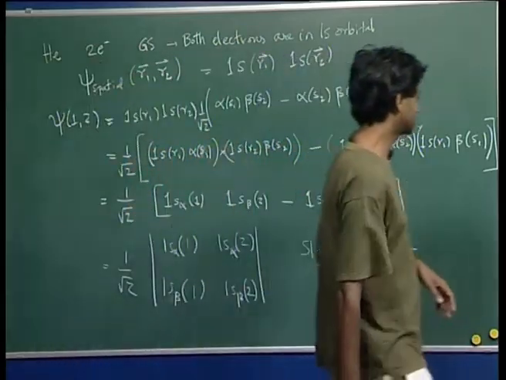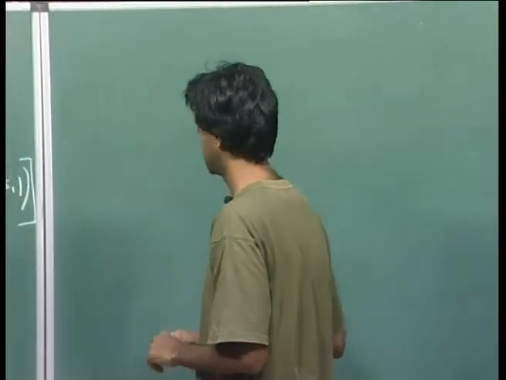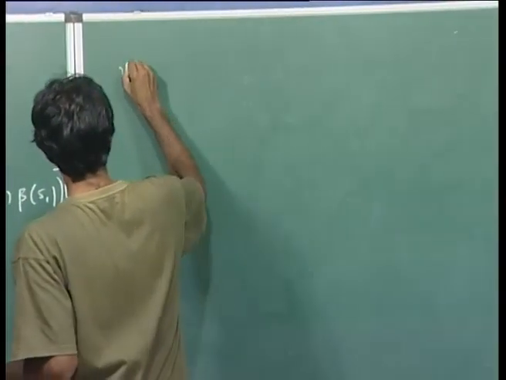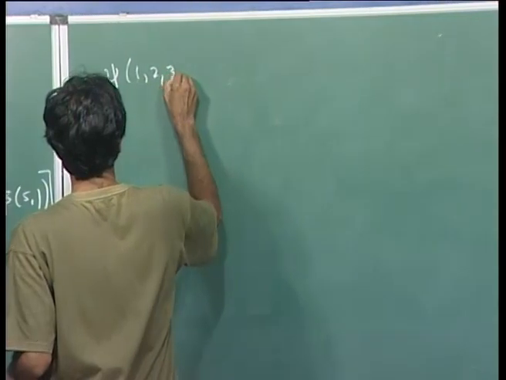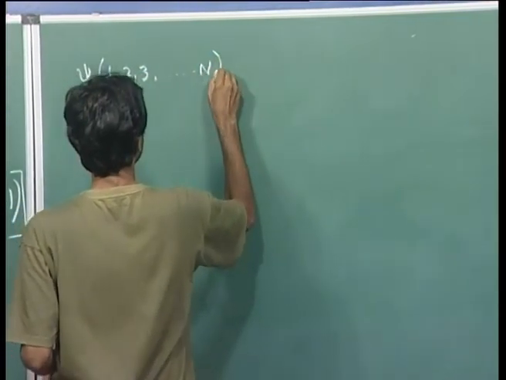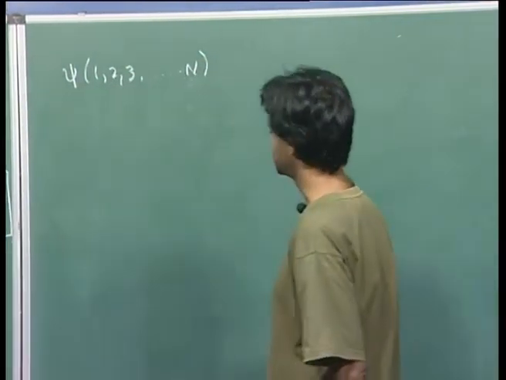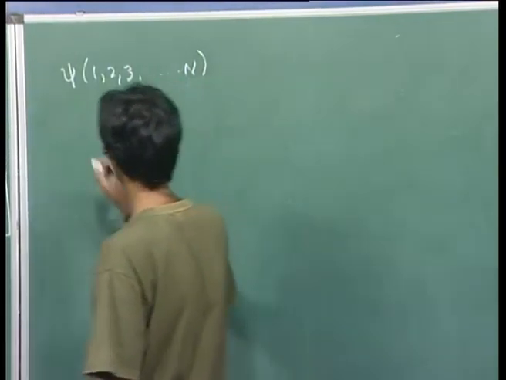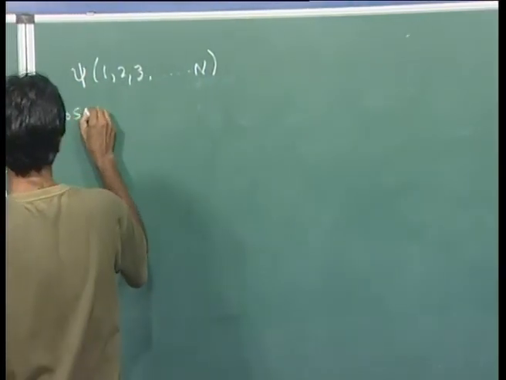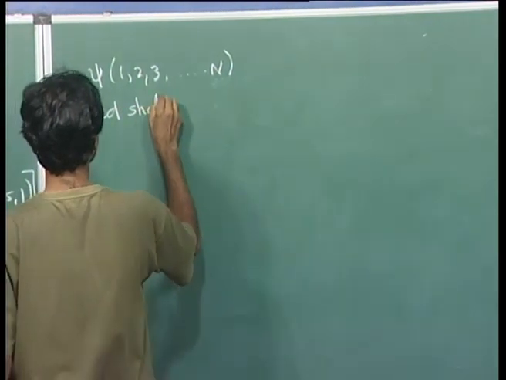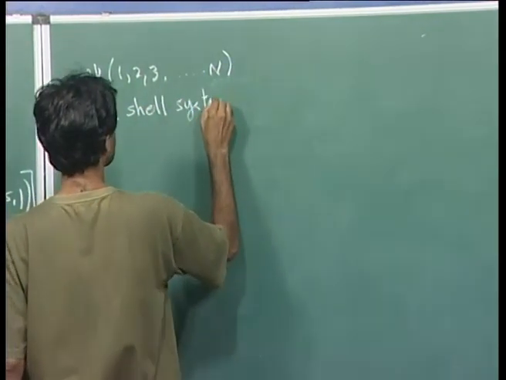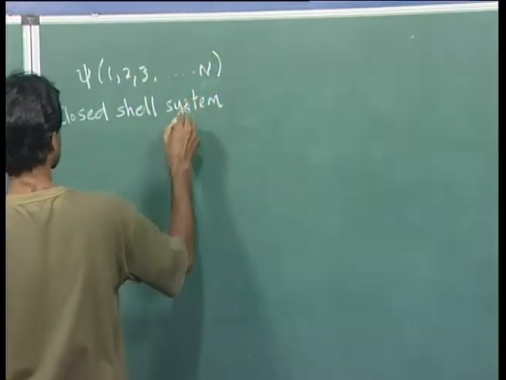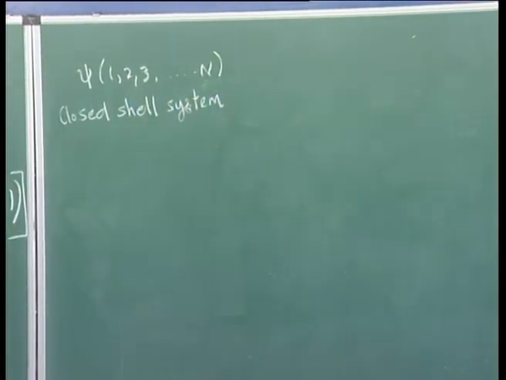Okay, now suppose you had a many electron system. How do you write this? Suppose you had psi of 1, 2, up to n, and for convenience let us assume that this is a closed shell system. Closed shell system means that n is an even number and all the electrons are paired in their orbitals.